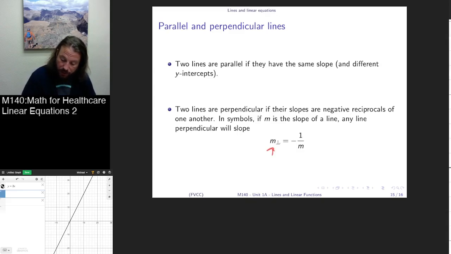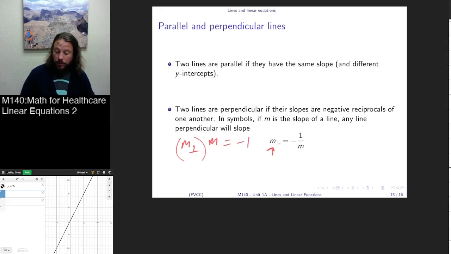Another way to think about that is the slope of the perpendicular line times the slope of the original line equals negative 1 when we multiply those two things together. So that's another way to think about it.